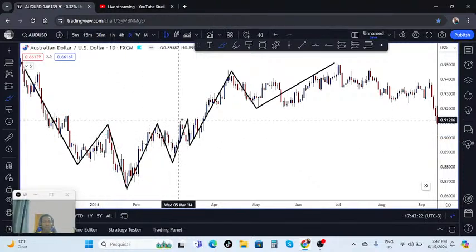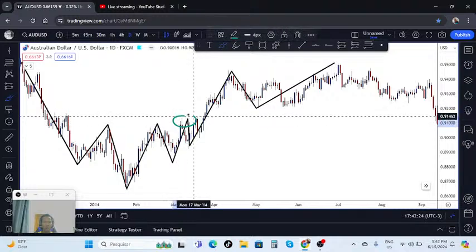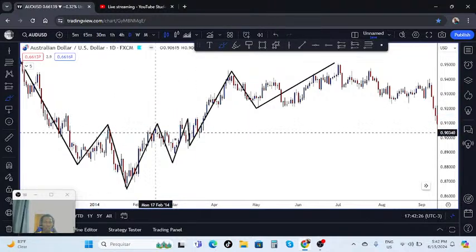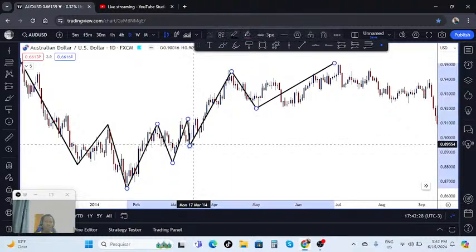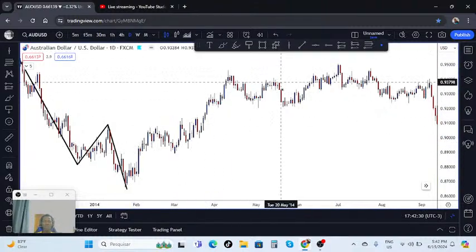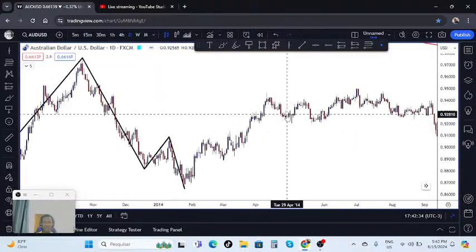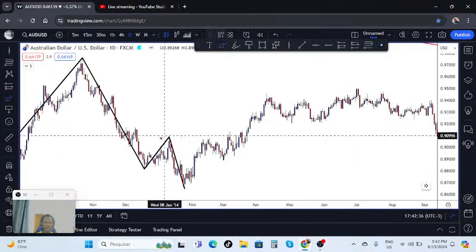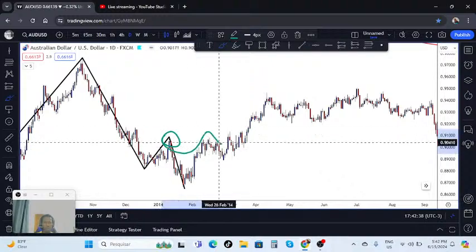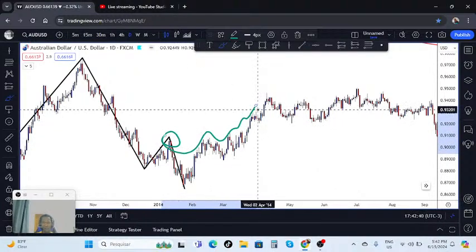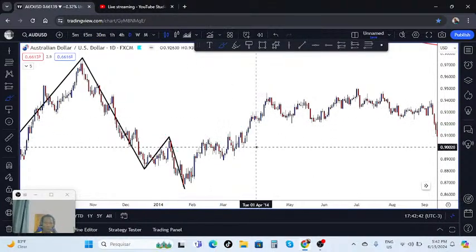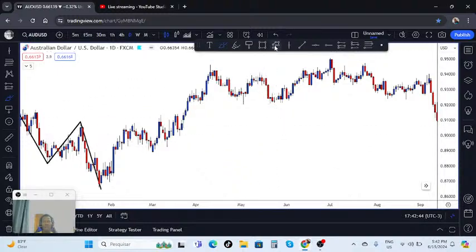When this market made this high, you can see it's higher than this high. What does that simply mean? It simply means that this down market structure has been terminated once this high was taken out by this higher short-term uptrend.